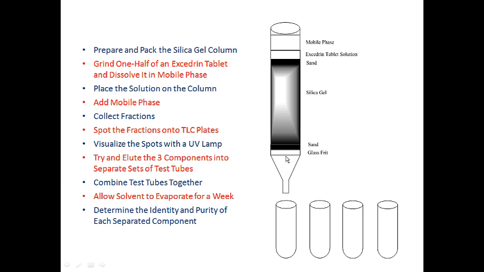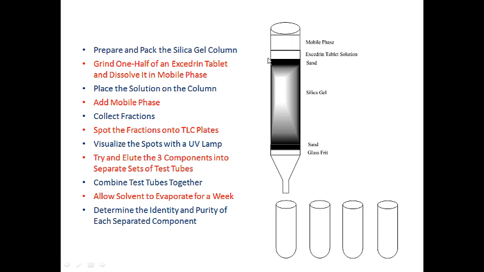It does have a glass frit, which is basically a porous piece of glass that's going to replace the cotton that we used in the spinach experiment. We're going to place a layer of sand on top of the frit to keep the silica gel from clogging it. We're going to have our silica gel, and then we're going to place a layer of sand on top to keep the silica gel from being disturbed. And then we're going to place our Excedrin tablet solution on top, and then add mobile phase.